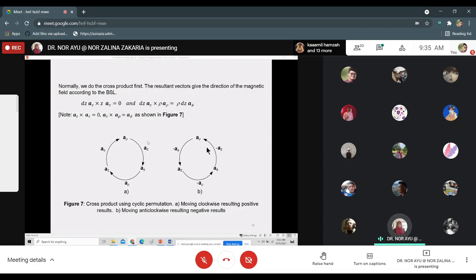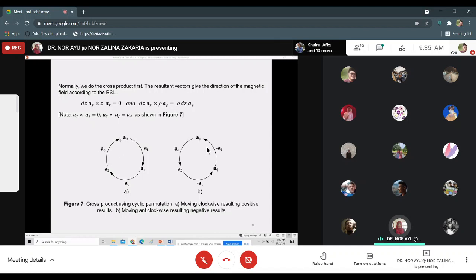Arrow cross dengan a phi, so what is opposite it? Apa opposite dia? Adalah az. So a phi cross dengan az akan dapat arrow. Az cross dengan arrow akan dapat a phi. Dapat semua?